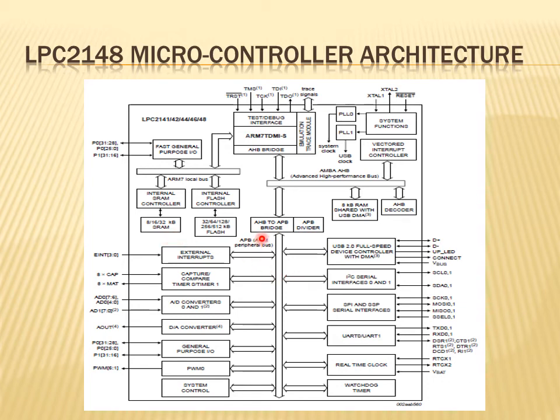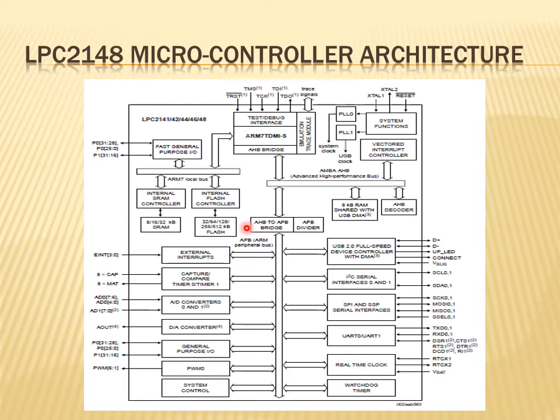Then of course there are the buses available. This is called the AMBA bus, the advanced high performance bus. Now here there is an AHB to APB bridge. Normally there are two sections roughly in this architecture. One is the upper section, the processor section with the memories, PLL and the CPU, and the second, bottom section is the peripheral section.